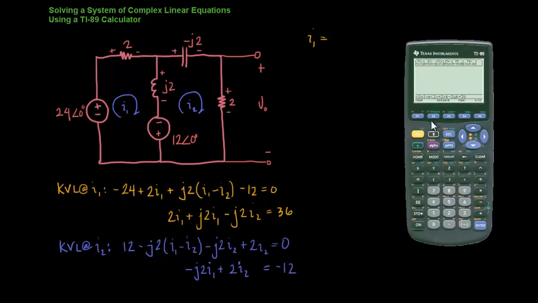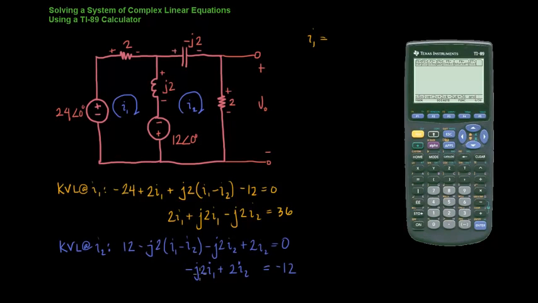Okay, and I'm trying to solve a system of equations, so what I'm going to do is, I think you can type "and" in using the letters here, but I'm just going to do this. I'm going to go to Second, Custom, and I'm going to go to F3 for solve, and I'm going to use the "and" function. So I'll move my cursor down there and hit enter. Okay, and now I can put a second equation in.